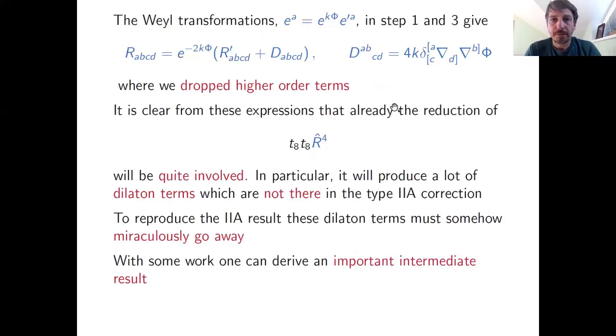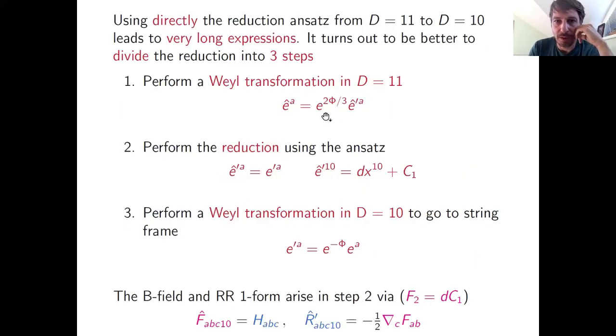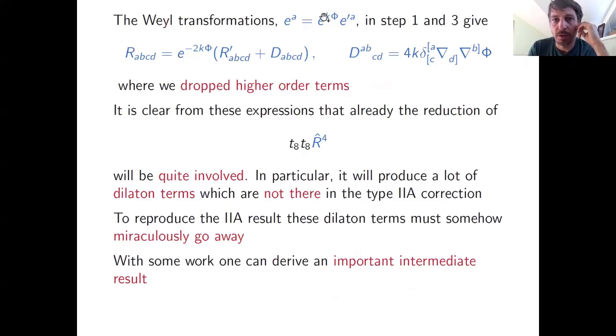Right, under the Weyl transformation, well, in general, under some Weyl transformation by e to the k phi, because this k was either 2/3 here or -1, I want to be able to describe them both. So I put this k. So that's step 1 and step 3.